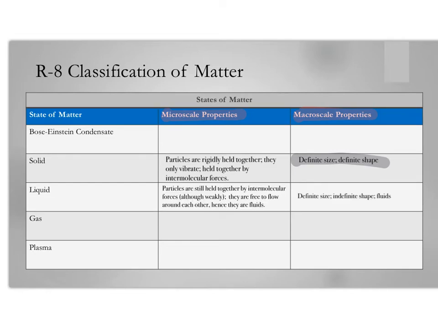So then that leads us to liquids, and liquids are at the macro scale types of matter that have a definite size but an indefinite shape, and it's this indefinite shape that makes them fluid.